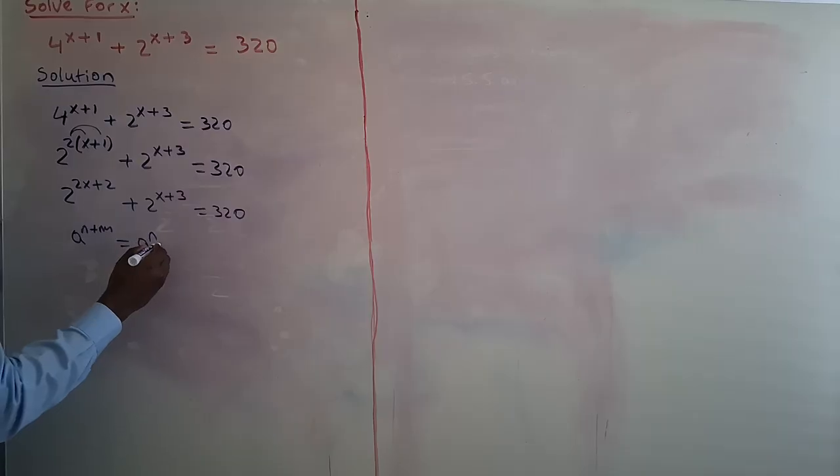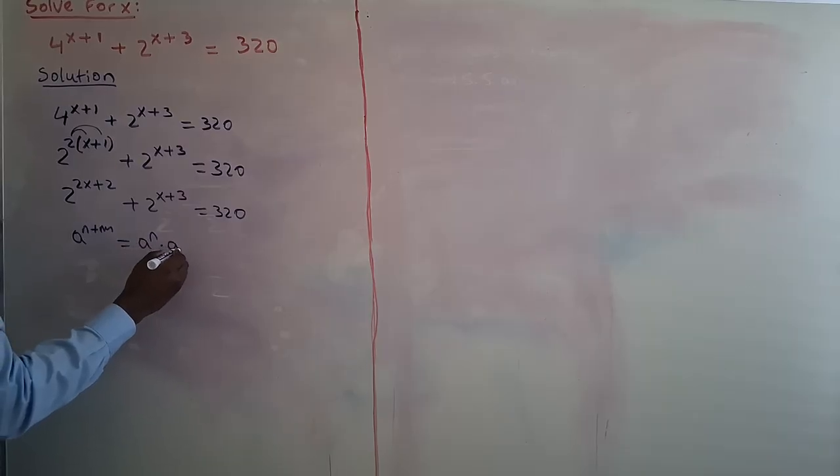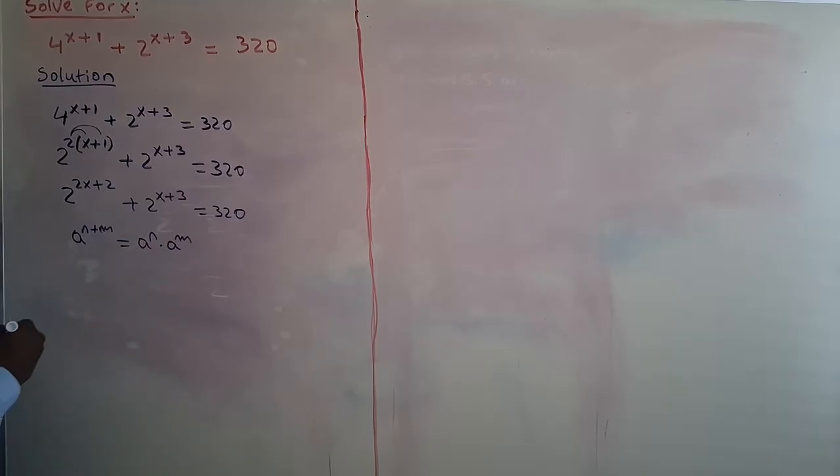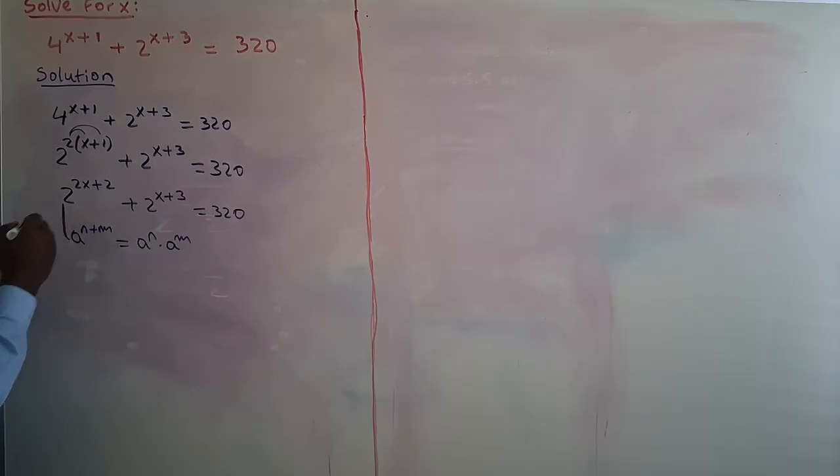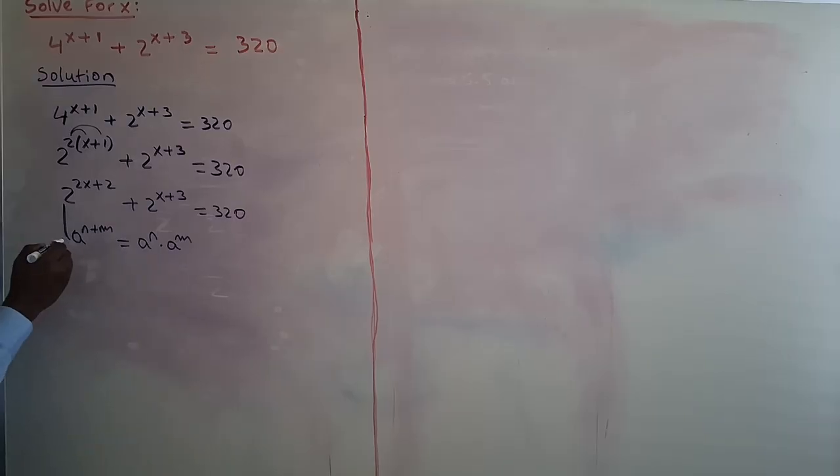Now, there's an exponential rule that says if we have a to the n plus m, then it equals a raised to the n times a to the m power. So we're going to apply this rule to this exponential expression right here. So let's apply the rule here.